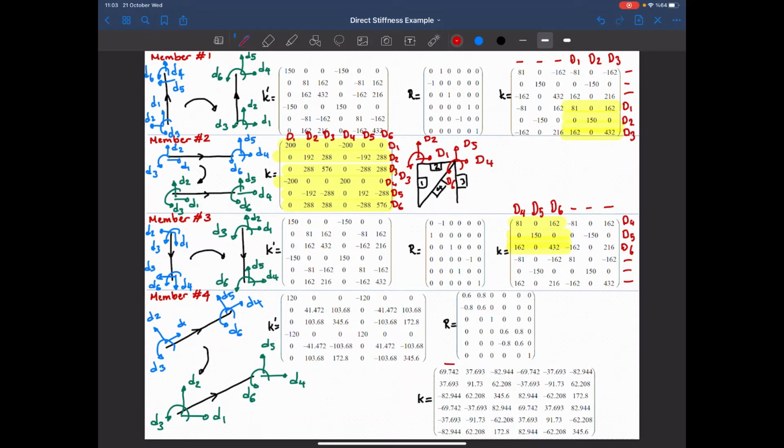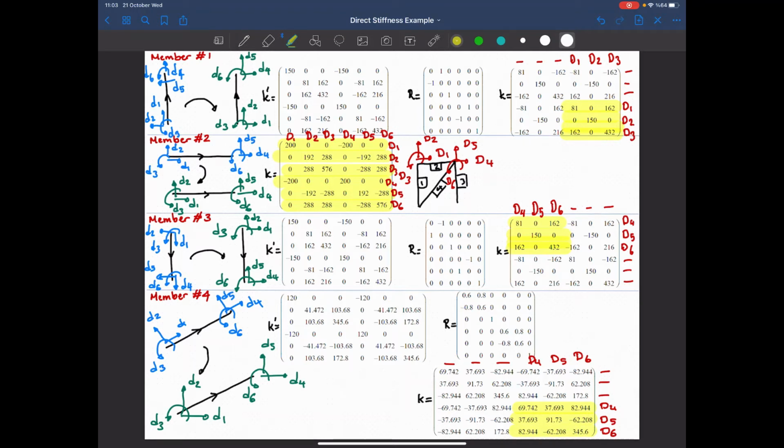So I don't have any contribution in 1, 2, 3. This is D4, D5, and D6. Nothing, nothing, nothing. D4, D5, and D6. So from the fourth member, these are the contribution.